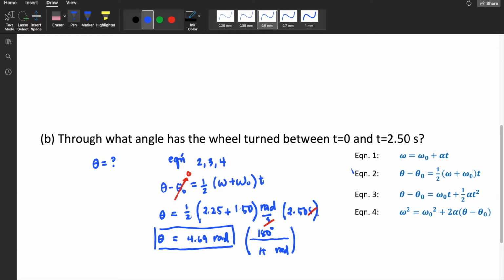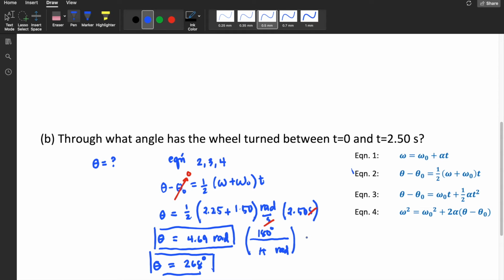So the answer for this is also equal to 268 degrees. So it hasn't yet reached the third quadrant.